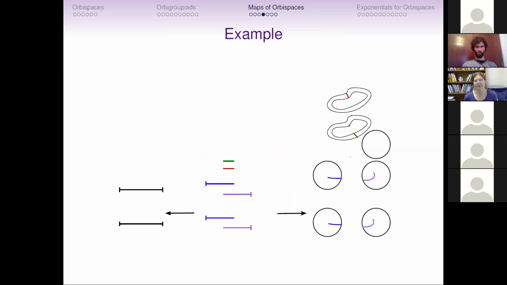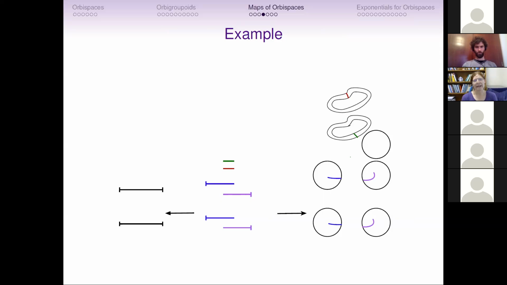And here's the same example, with a slightly different picture. If I wanted to go into the teardrop orbifold from my interval, but I accidentally used the boring representation of my interval, I would not actually be able to do it. Because of that hop, I have to go from one chart to another, from the bottom piece to the top piece.